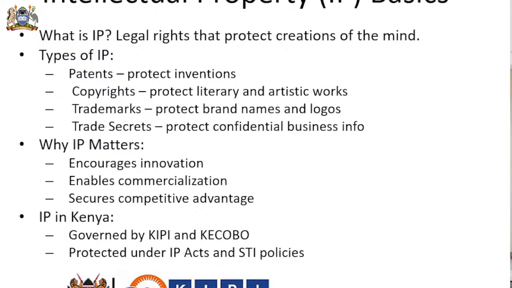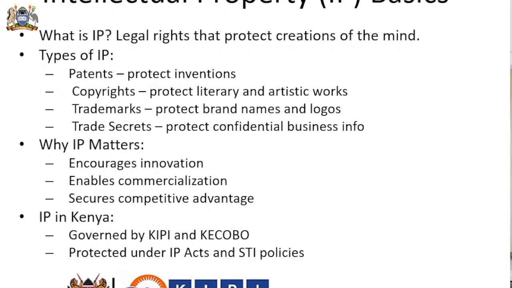In fact, most of the work I do is licensing patents to companies for the university IP. Through intellectual property, you can secure a competitive advantage. For example, China is now the leading country in the world in generating patents because they're just patenting anything. The US used to be number one, but now China has really overtaken the US in coming up with innovation and patenting systems. So in Kenya also we have that.